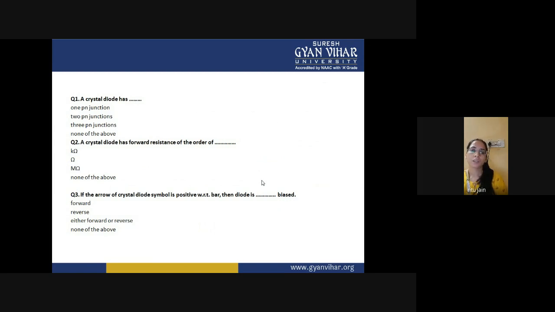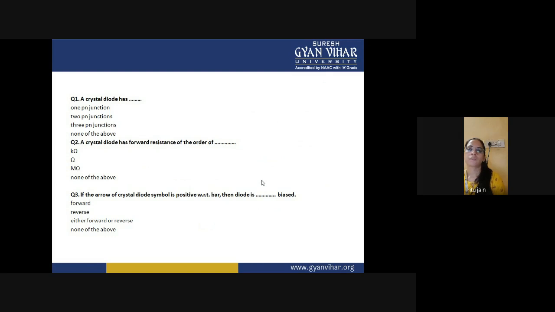If it is made of silicon, the voltage drop across the diode will be 0.7 volt. If the diode is made of germanium, then in the forward biasing case, the voltage drop across the diode will be 0.3 volt. This is the basic thing which you have to remember.